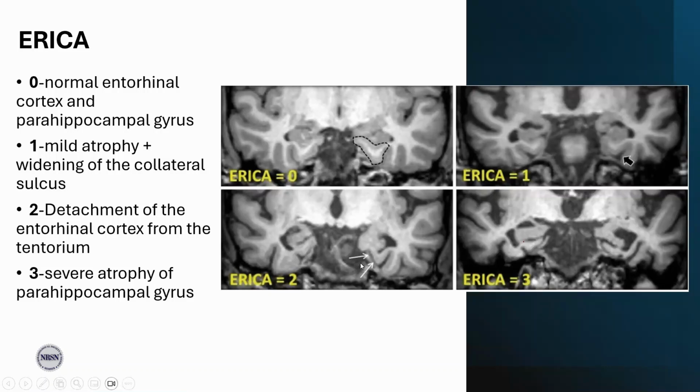So basically, it just shows you this CSF intensity strip between the tentorium cerebelli and the entorhinal cortex. Then an ERICA score of 3 is severe atrophy of the parahippocampal gyrus. So this is what is left of the parahippocampal gyrus, what is left of it bilaterally.